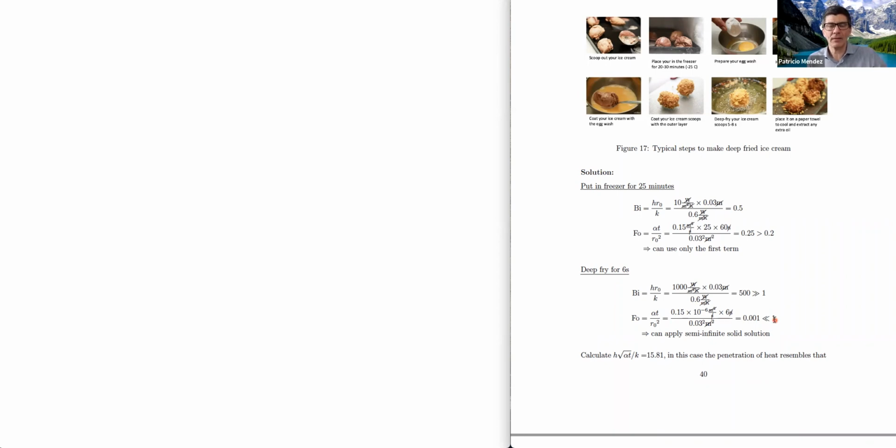So at these short Fourier numbers, not only could I not use the first term of the series, I would need to use the complete series, or I can use the model of the semi-infinite solid, in which the heat will try to get into the ice cream scoop, but in the 6 seconds we have, it just has a very small amount of penetration.